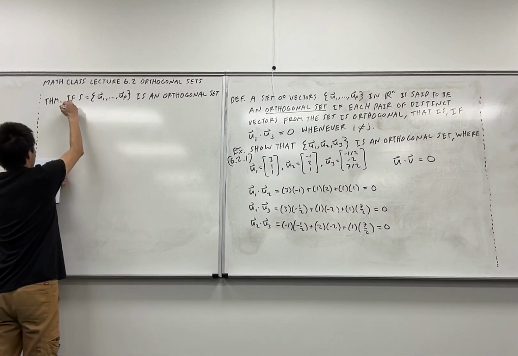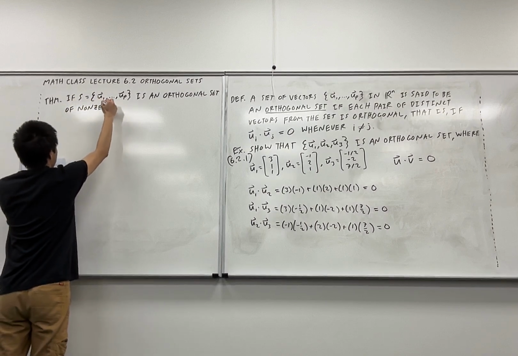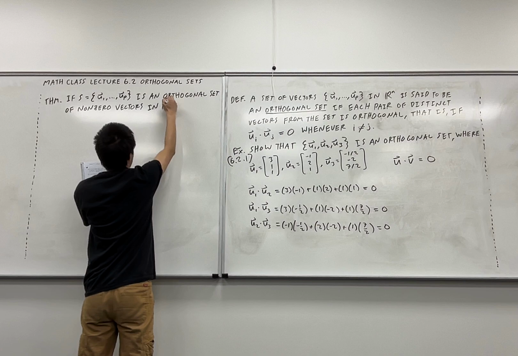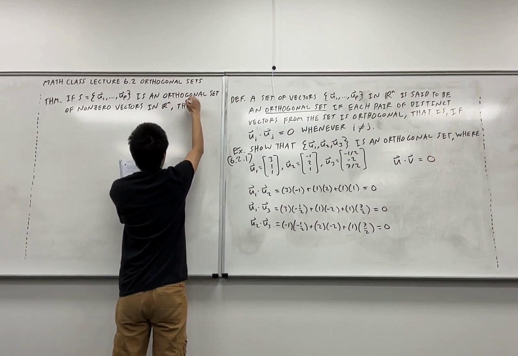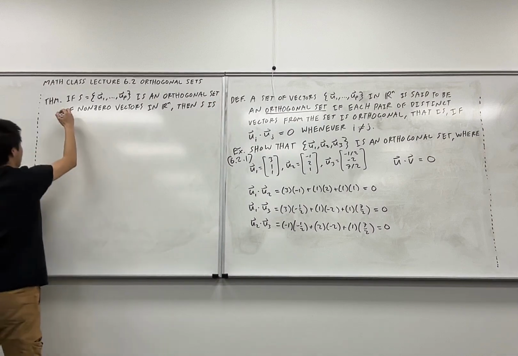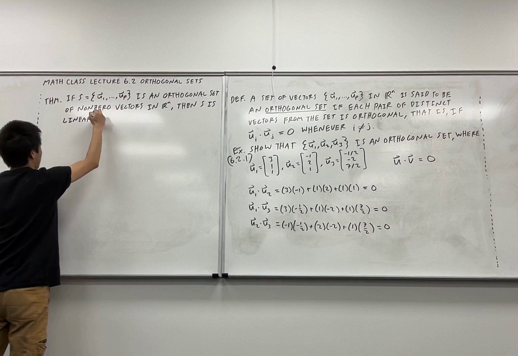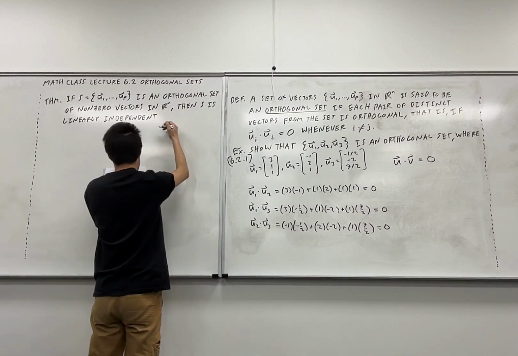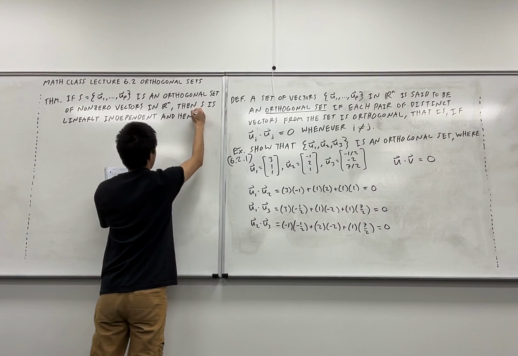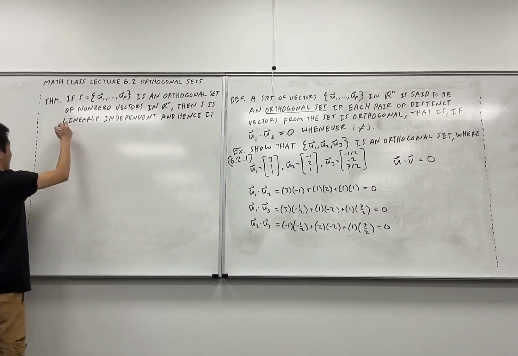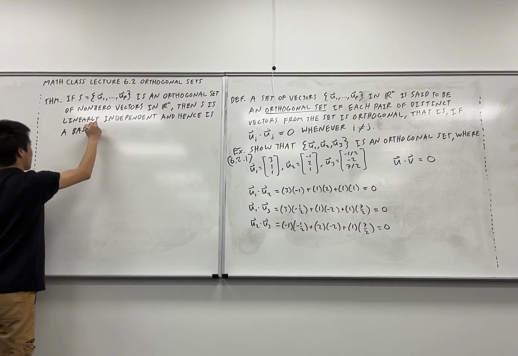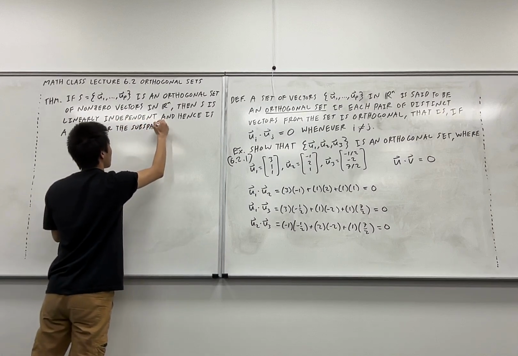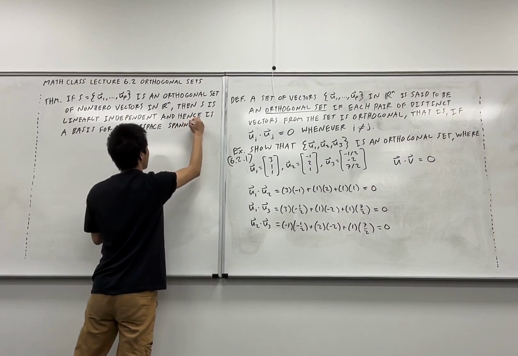Of non-zero vectors in Rn, then S is linearly independent, and hence is a basis for the subspace spanned by S.